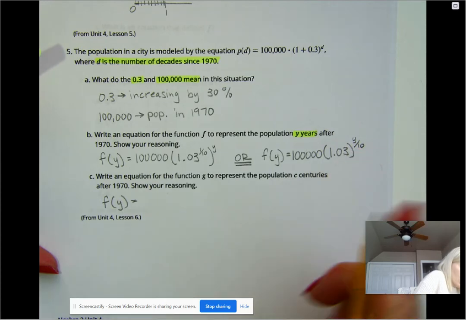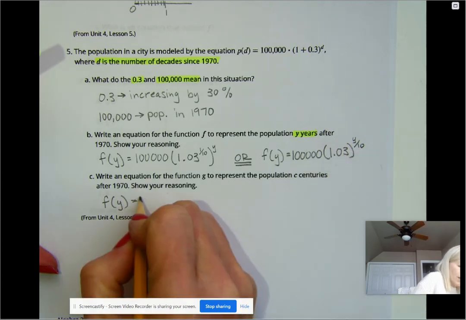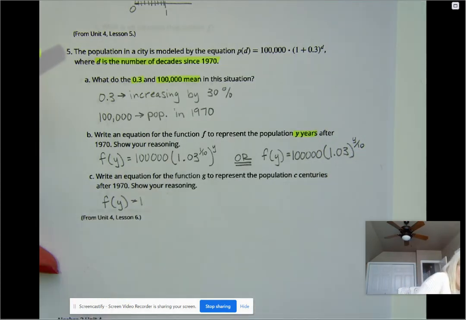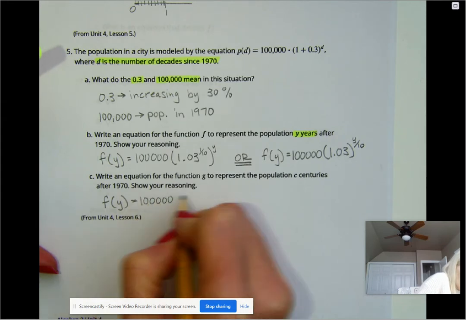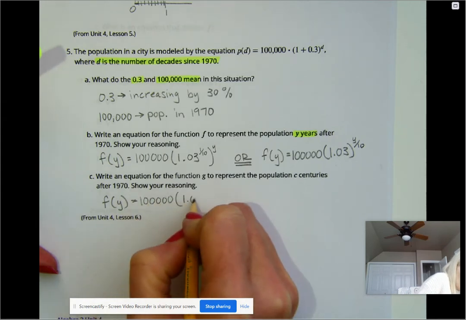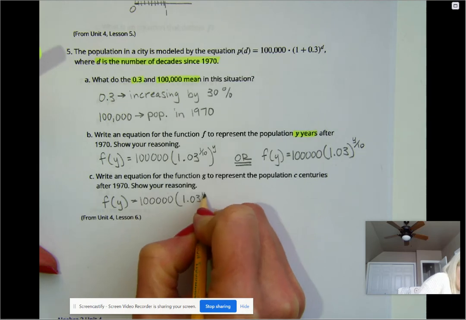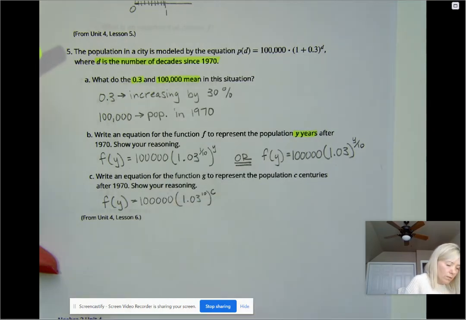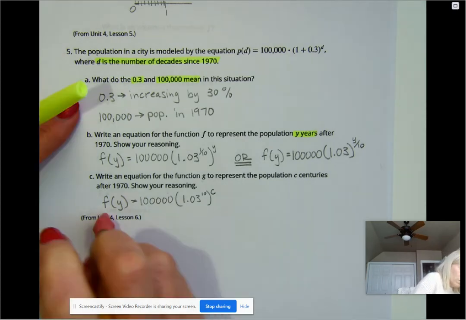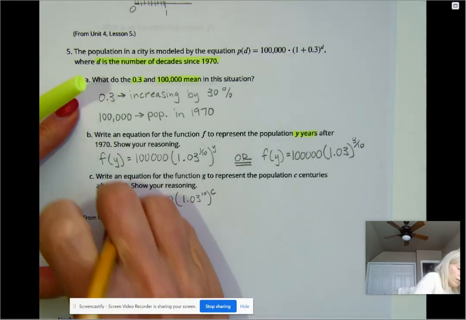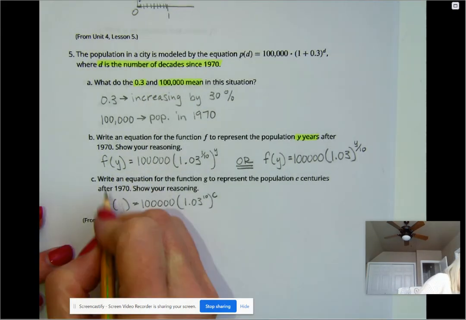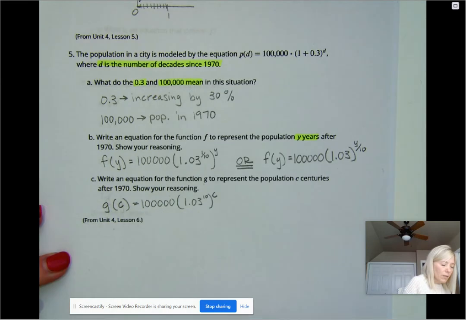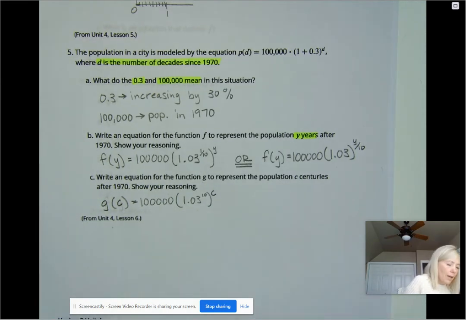It's going to look a little bit different because now we're looking at a larger period of time. So I can say 1.03 to the 10th to the C for centuries. Oh, and actually it says to use G. My notation is wrong. It's function G, and it's G of C. C for century, sorry about that.